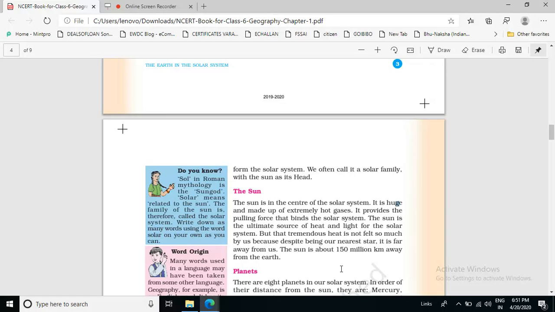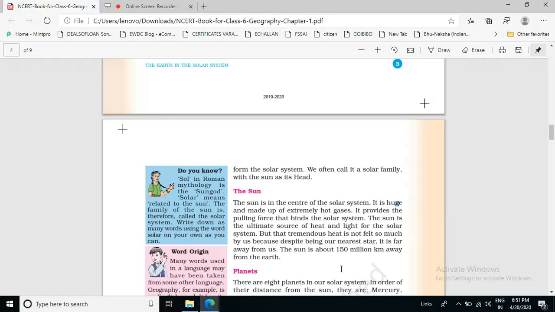But that tremendous heat is not felt so much by us because, despite being our nearest star, it is far away from us. The sun is about 150 million kilometers away from the earth. So what we find is that in the solar system, the central position is held by the sun.